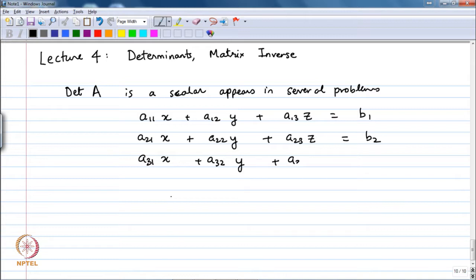Suppose you had a system of equations. So we can write this as A times x equal to b, where x is x, y, z, b is b1, b2, b3, and A is this matrix.